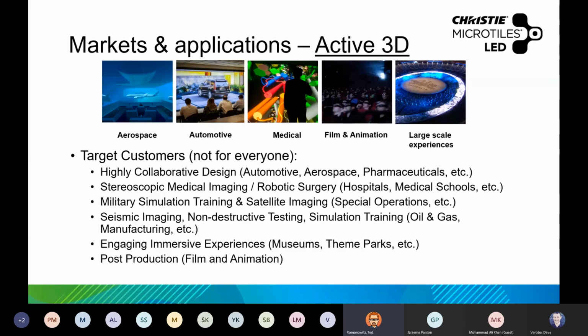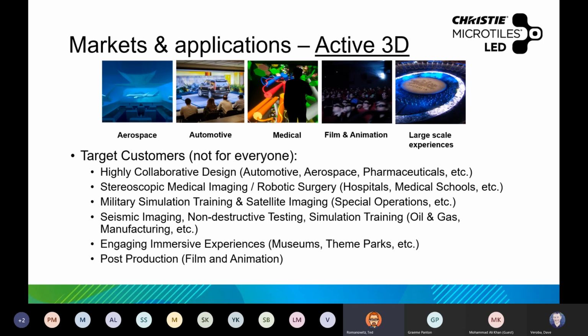Really, as I mentioned, it's for highly collaborative designs: engineering teams in automotive, aerospace, pharmaceutical companies doing biologics, medical imaging and robotic surgery. This could include hospitals and medical schools, as well as military and government doing simulation and training, and also looking at satellite imaging.